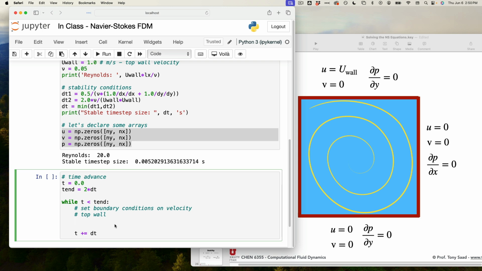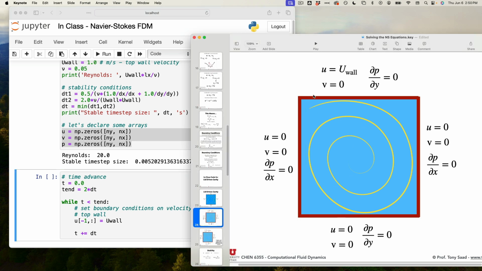So what does that mean in our indexing? At the top wall, which is at -1 for the y-axis, for all x points, u is equal to u wall. So u at -1 in the y indexing. Remember, we're indexing logically like in a Euclidean grid, j equals 0, 1, 2, 3, all the way to the end.